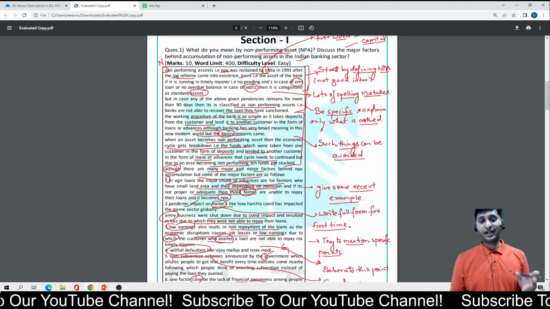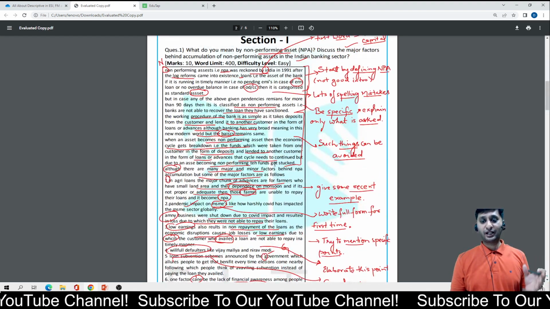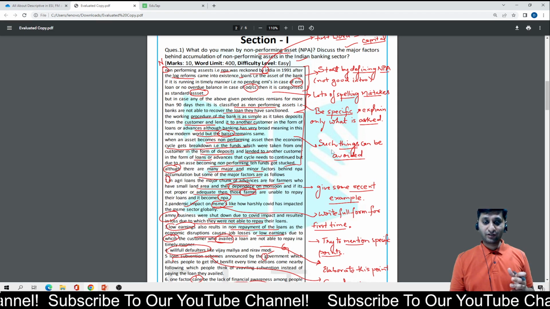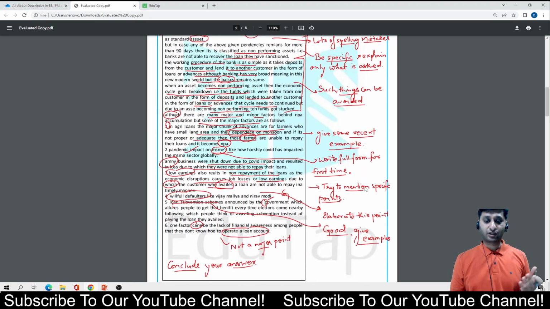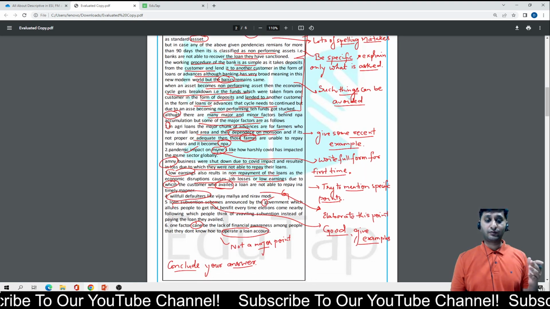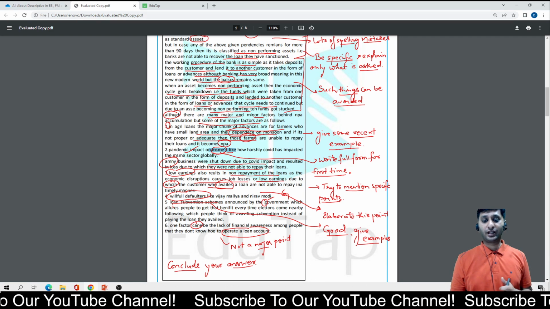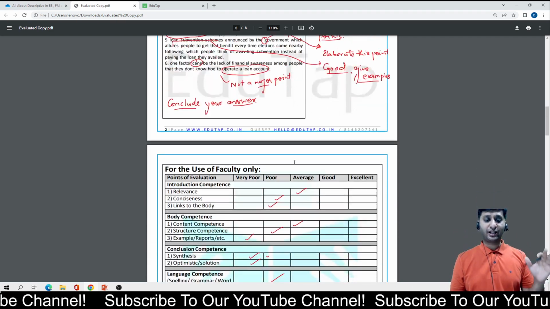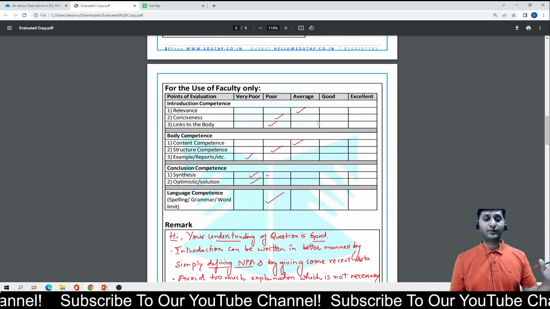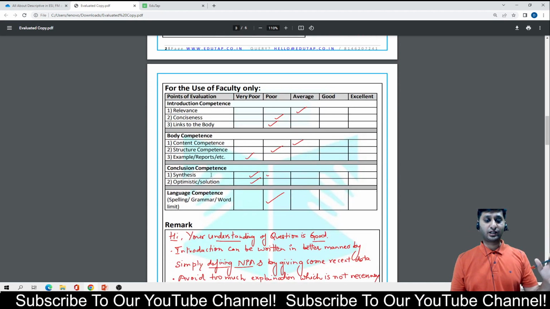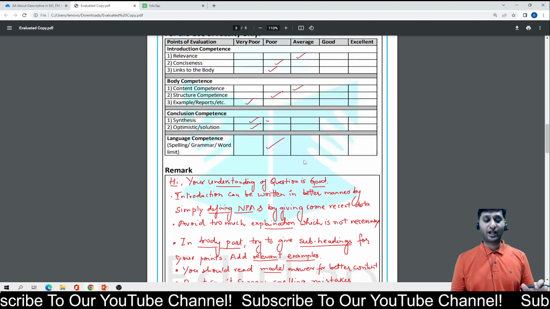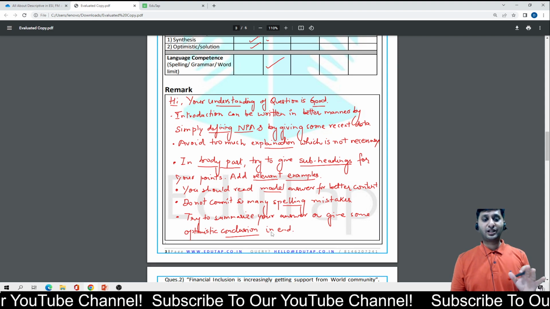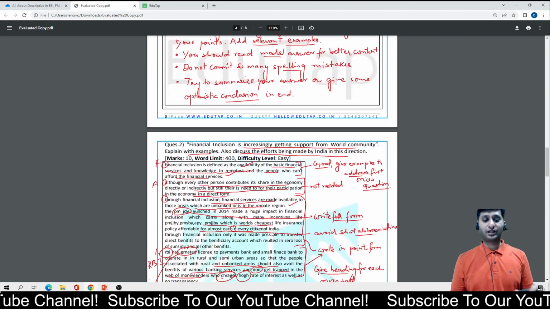You can see how detailed an evaluation we are doing. We are telling him how his introduction is not proper, what things he can avoid, how he can make it more structured, how he can make it more meaningful by writing the full form of everything. It's a very detailed explanation where we are evaluating on the parameters also, on introduction, body and conclusion, what is the performance of the candidate, and in the remarks we are giving him detailed remarks to make him realize what mistakes are being made by the candidate.